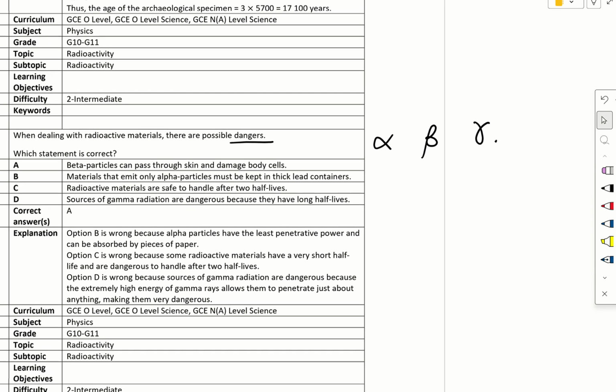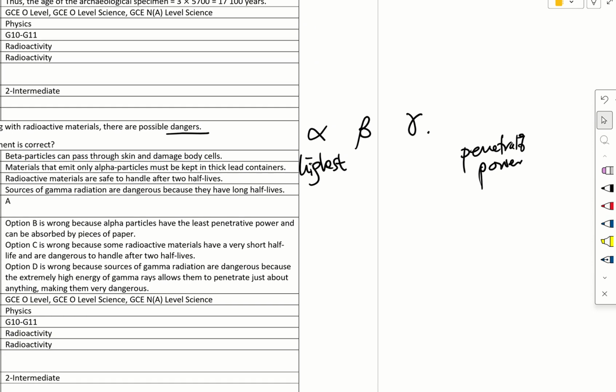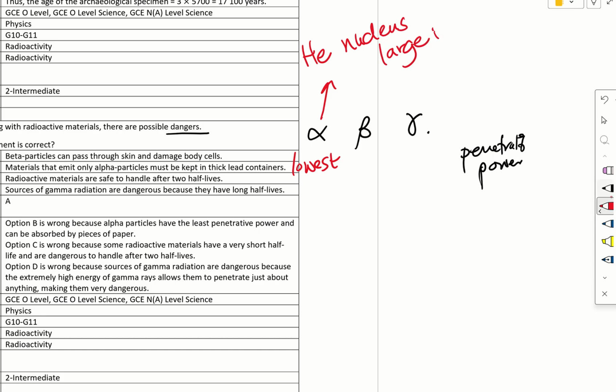Okay, so for alpha, if we talk about the penetrating power first, alpha is the lowest, because alpha is actually a helium nucleus, and you know that helium nucleus is large in size.